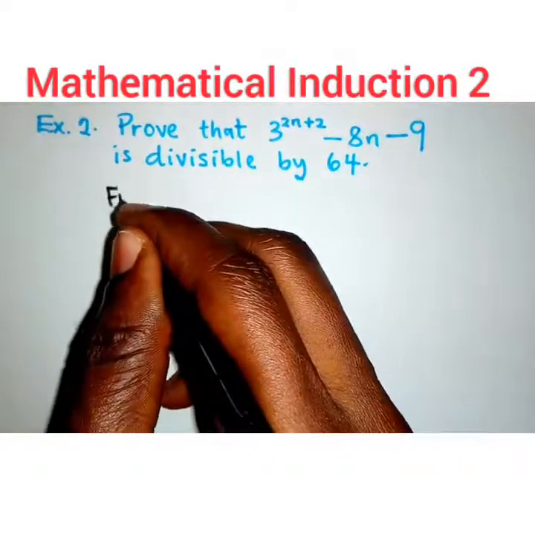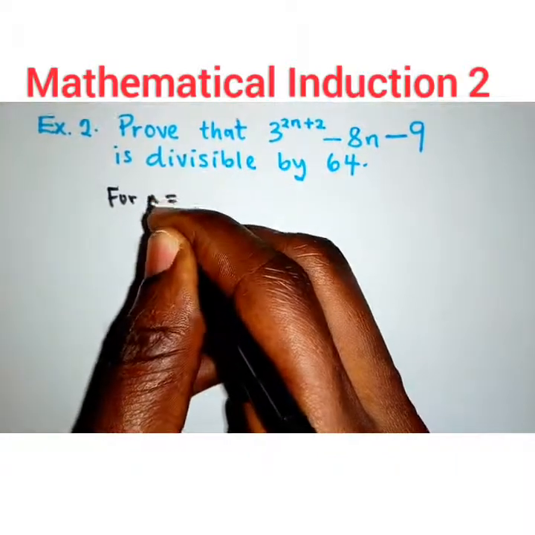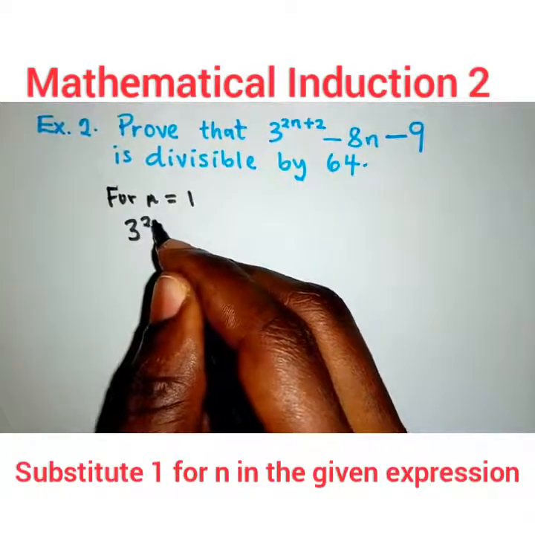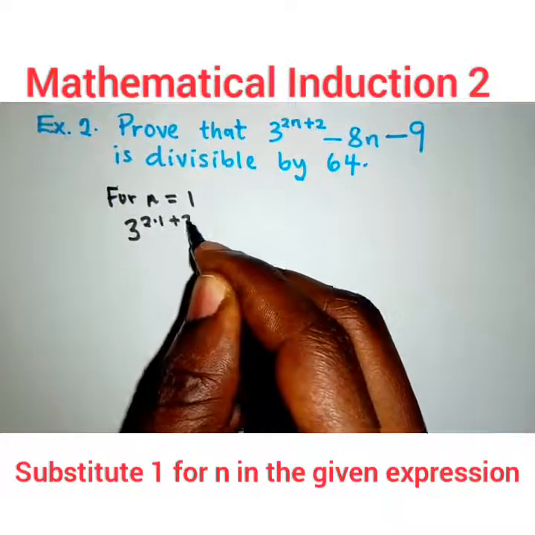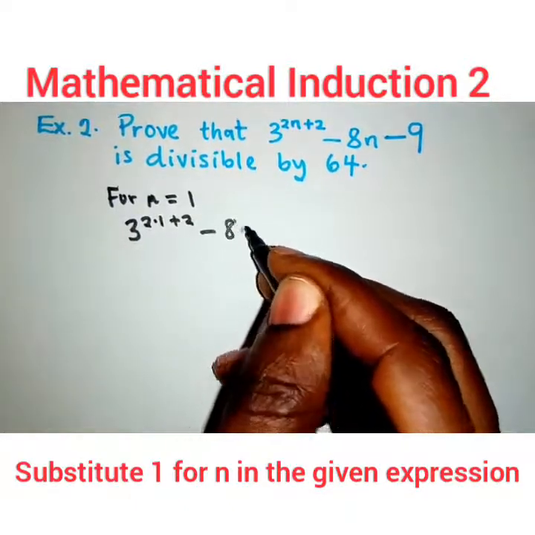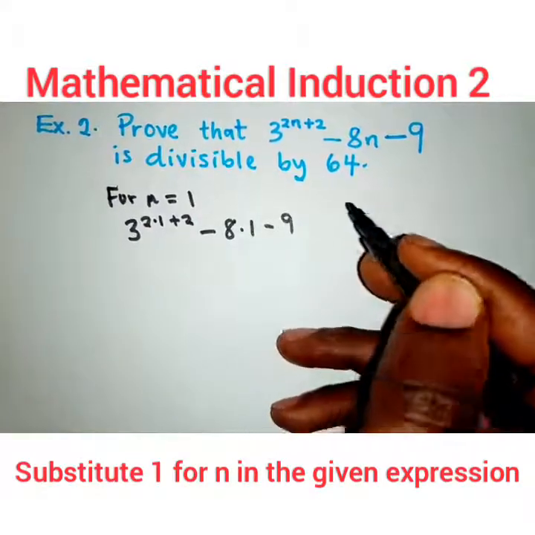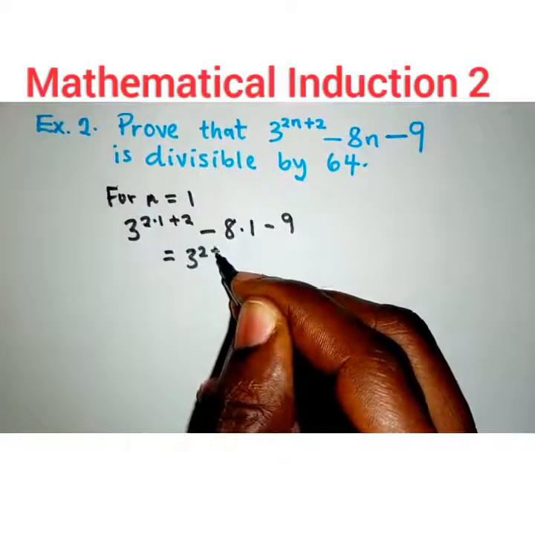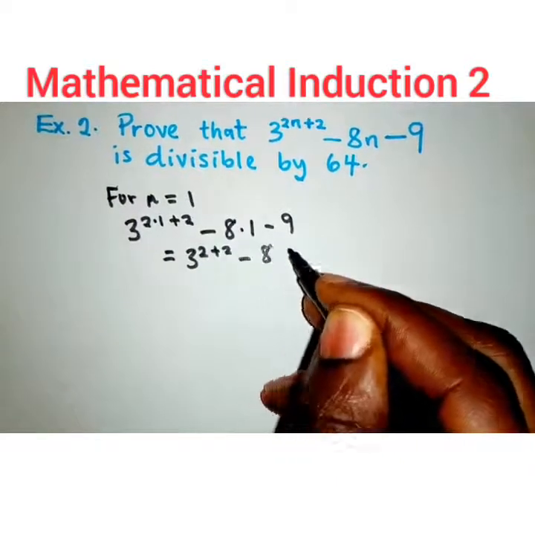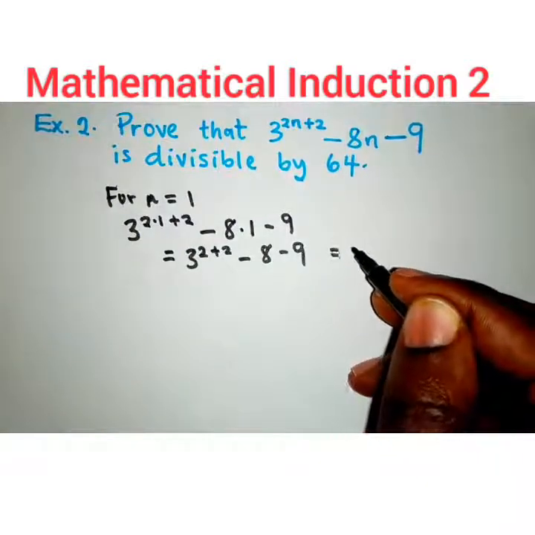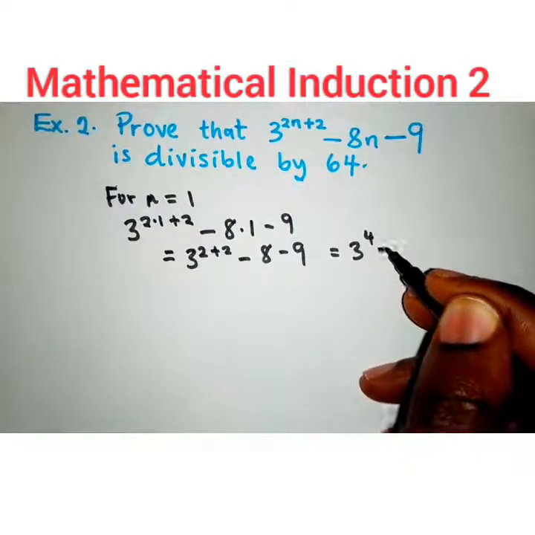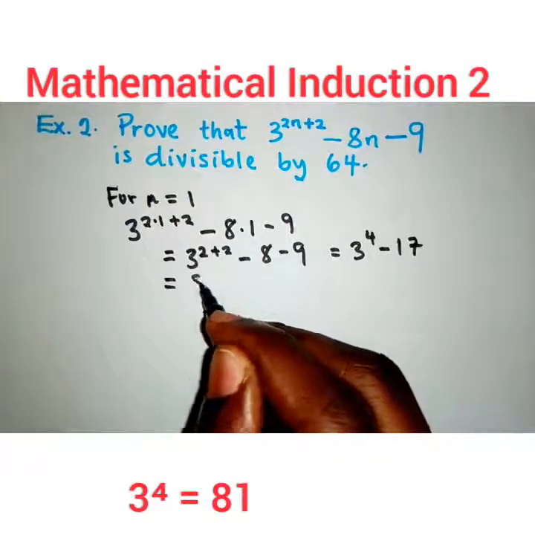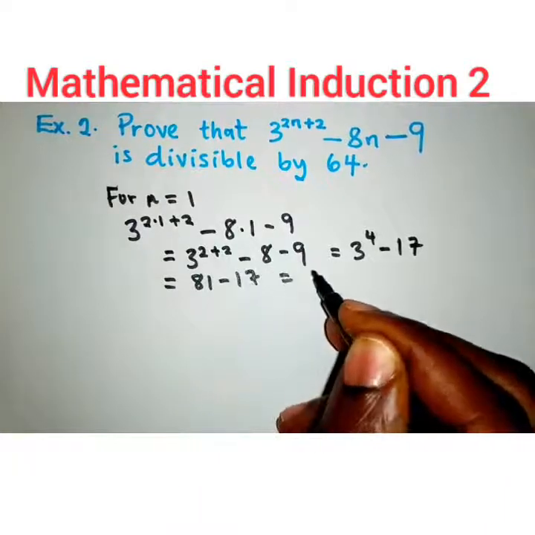So for n equals 1, we have 3 raised to power 2 times 1 plus 2, minus 8 times 1, minus 9, which is equal to 3 raised to power 2 plus 2, minus 8 minus 9, which equals 3 raised to power 4 minus 17, which is equal to 81 minus 17, and that gives us 64.